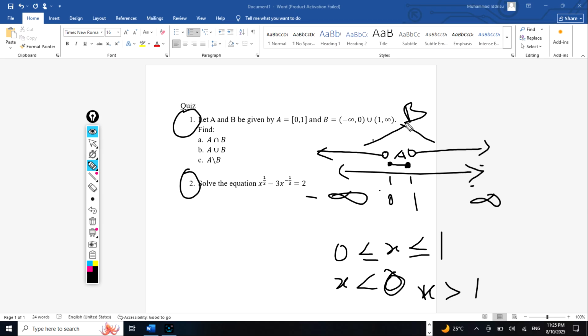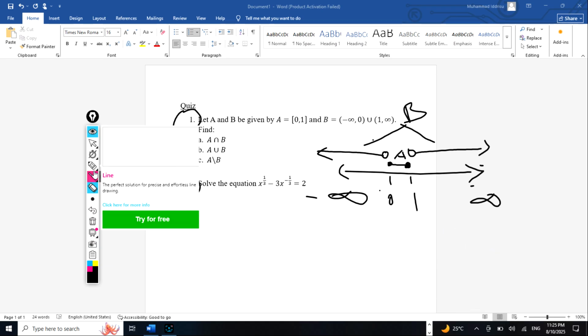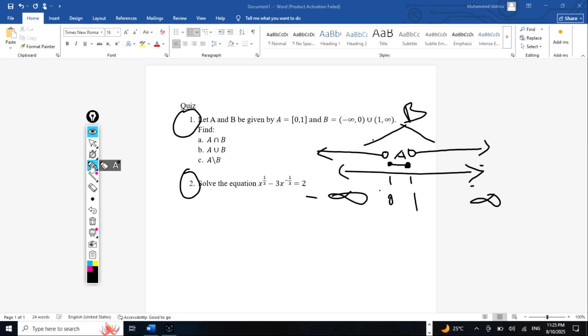So now we are looking for what? A intersection B. So let's now answer the questions. A intersection B, so where in our diagram is the meeting point of A and B? Where is that point of intersection?